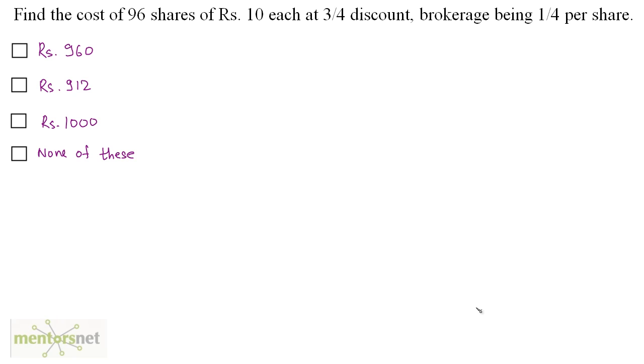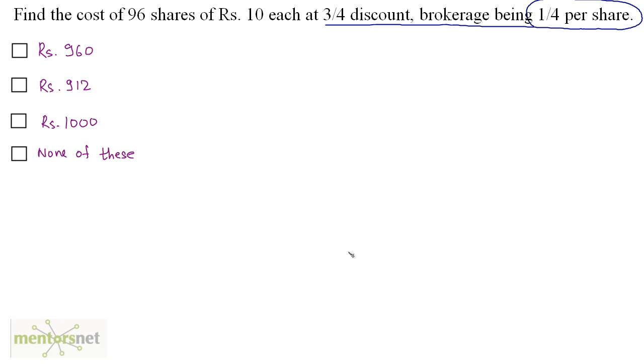Find the cost of 96 shares of rupees 10 each at 3/4 discount, brokerage being 1/4 per share. Well, this might seem a little bit confusing, but the discount and the brokerage are given per share, right?